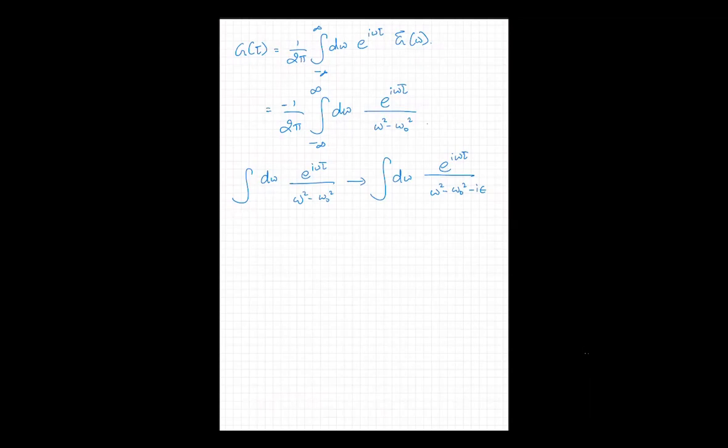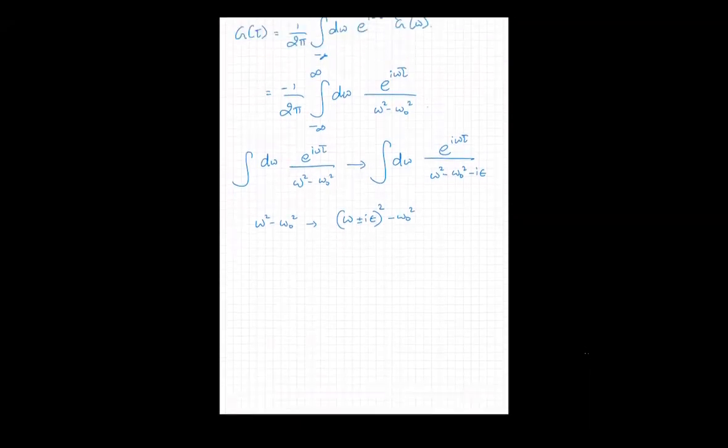Now, the way you understand this I epsilon prescription is as follows. Imagine that basically I'm making omega complex by hand. So in the denominator, I have omega square minus omega 0 square. So let us add, let us say, plus or minus I epsilon to omega and square it. So this is basically what I mean by making omega complex. I'm adding a small imaginary component to omega. Of course, in the final result, I will take epsilon to go to 0.